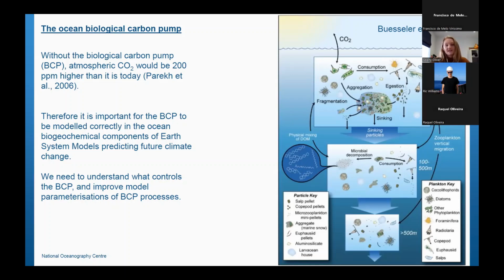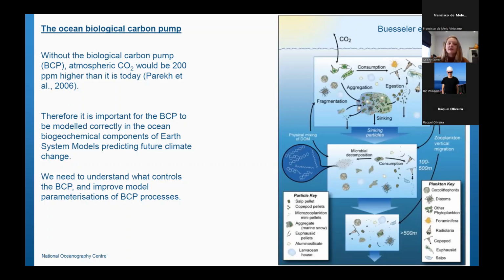And this has been shown to really regulate atmospheric carbon dioxide, because there was a cool study in 2006 where they had an ocean biogeochemical model where they turned off all of the iron, effectively shutting off the biological carbon pump, and the atmospheric carbon dioxide went up by about 200 parts per million.